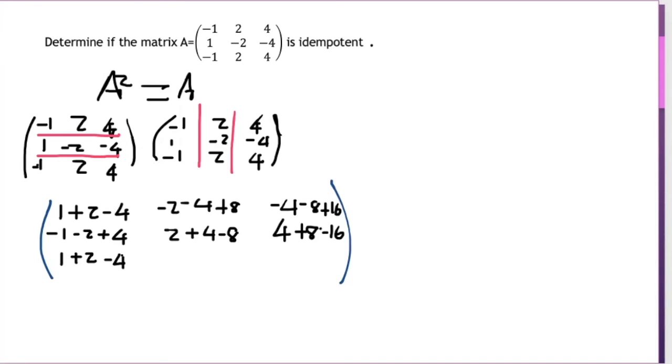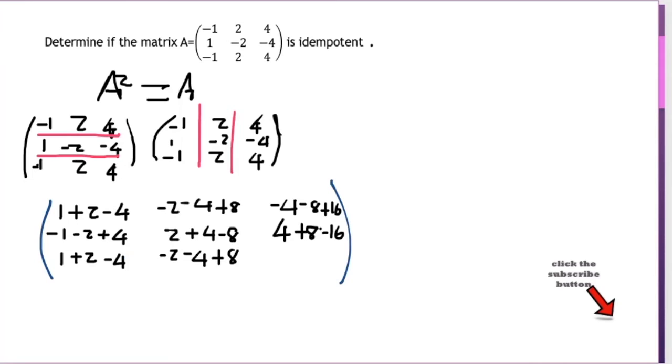So I have my -4 here. Next, I multiply the third row by the second column. So -1 times 2, that's -2. Next, I multiply 2 times -2, that's -4. Next, I multiply 4 times 2, and that's 8. So I'll go ahead and write +8.